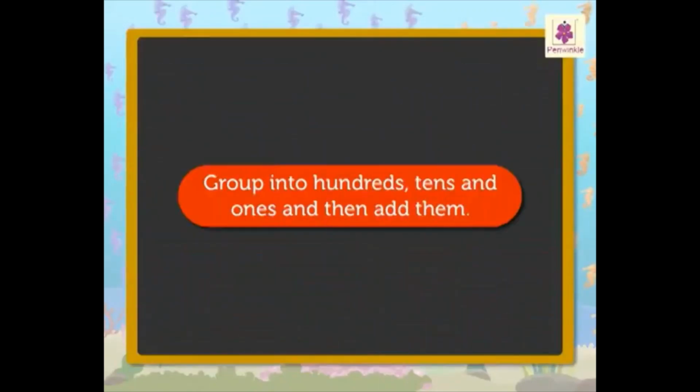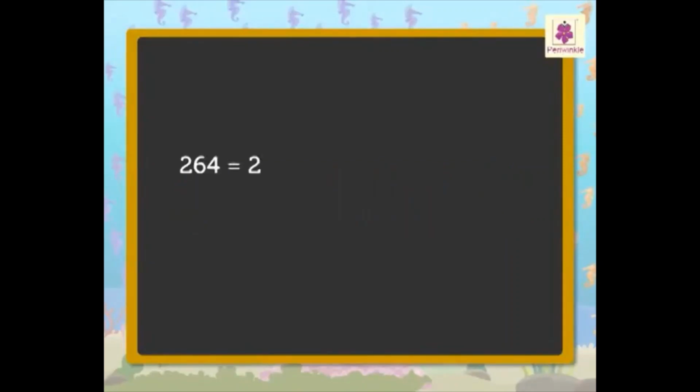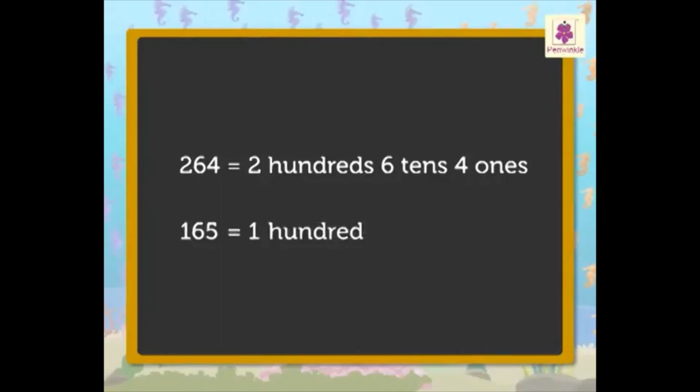Let us group them into hundreds, tens, and ones, and then add them. So, there are 2 hundreds, 6 tens, and 4 ones purple seahorses, and 1 hundred, 6 tens, and 5 ones orange seahorses.